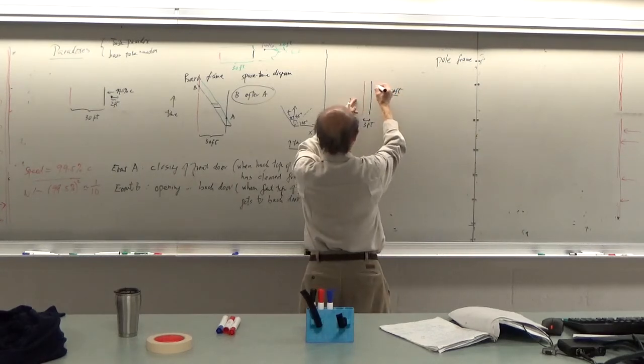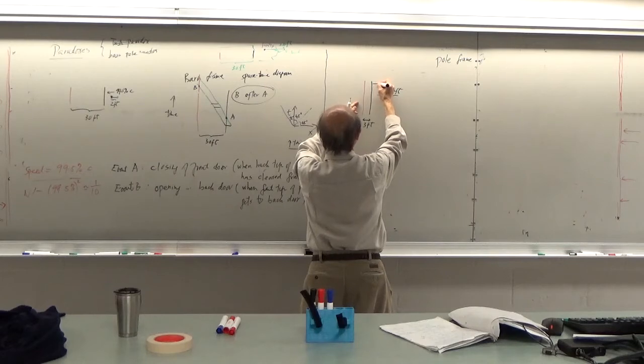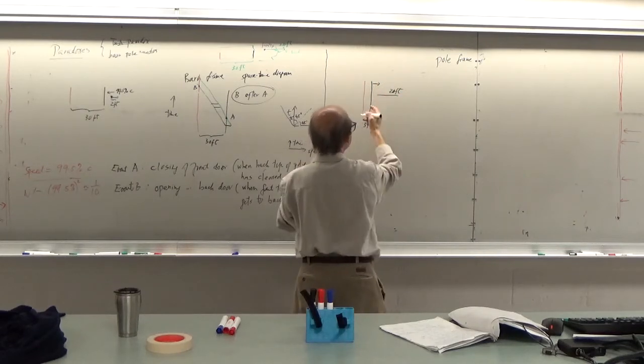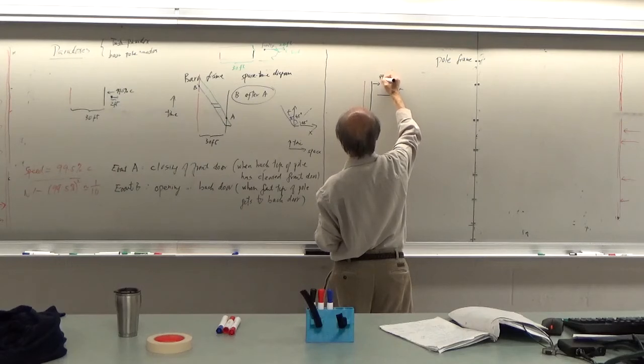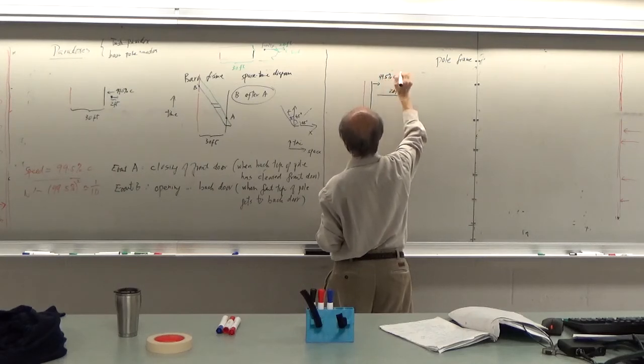It is the barn which is moving at high speed towards the pole, with speed of 99.5% the speed of light.